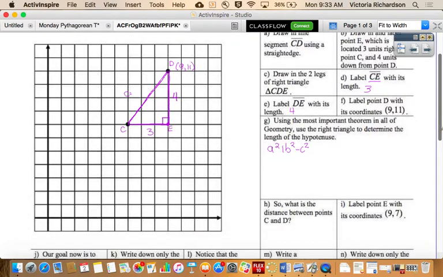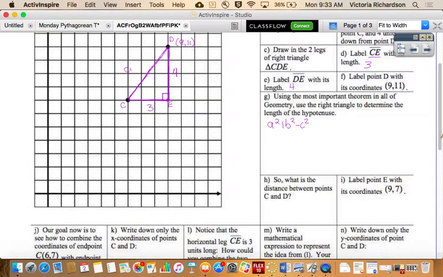Now A and B are going to be my 2 sides. So that would be 3 squared plus 4 squared equals C squared. Now when I work that out, 3 squared is 9 plus 16 equals C squared. And if I add them together, I get 25 equals C squared.